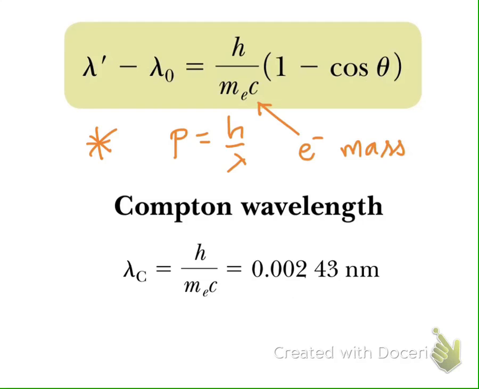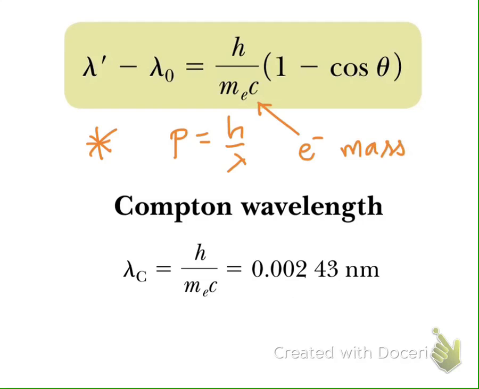What is the typical wavelength of visible light? It is about 400 to 700 nanometers, right? So for visible light, the incident wavelength is very large compared to the change of the wavelength.